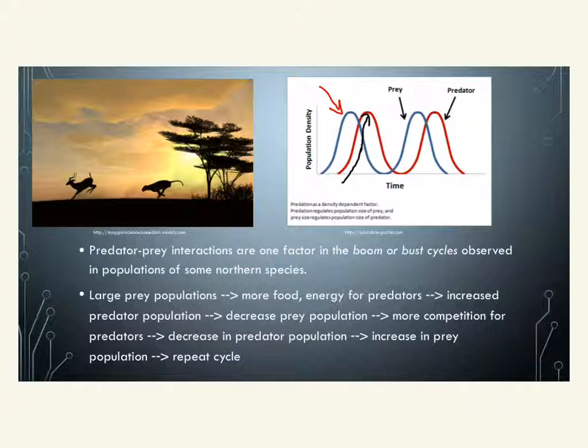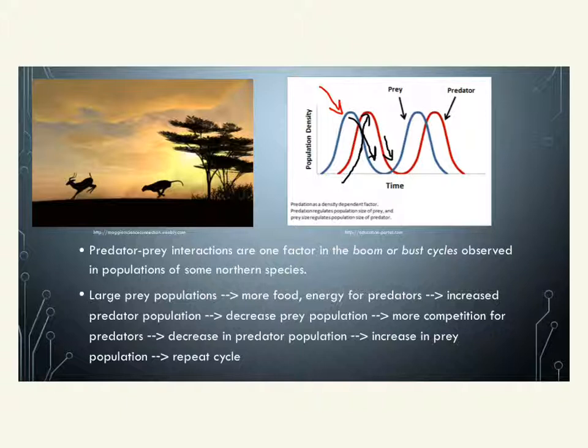So that's going to increase the predator population, but if there's more predators, that means the prey is going to start dropping off, obviously, because they will be preyed upon by more predators. So that's going to lead to a decrease in prey population, which now causes more competition for the predators, and so we're going to see the predator population fall off.